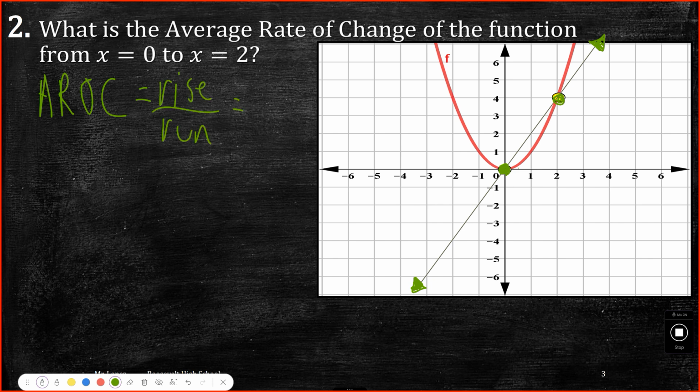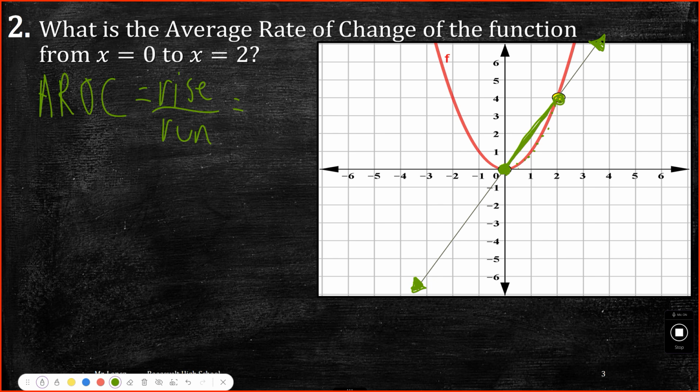But the meaning is different because it's the average rate of change of the curve. We're saying that the curve averages out to this. Every single rate of change here, at the end of the day, averages out to that, which is just going to be rise over run.